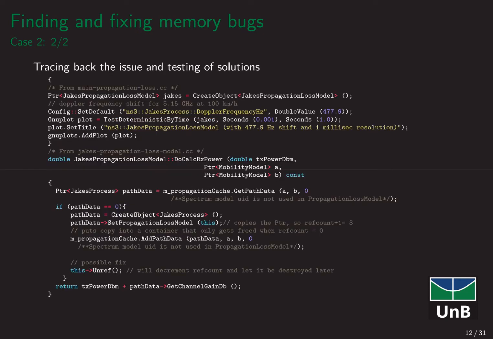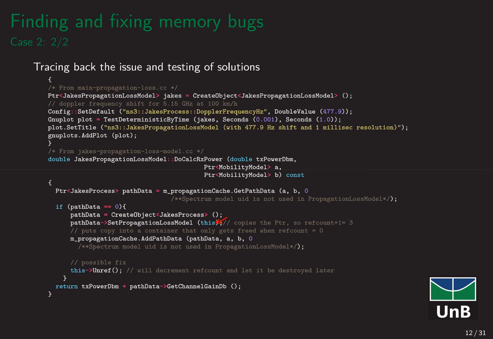By using the stack provided by Leak Sanitizer and inspecting the code, we can see the reference count for Jakes propagation loss model is always bigger than 0, which happened because when the Jakes process was initialized, it created a copy of the Jakes propagation loss model, which increased the reference count to 3.